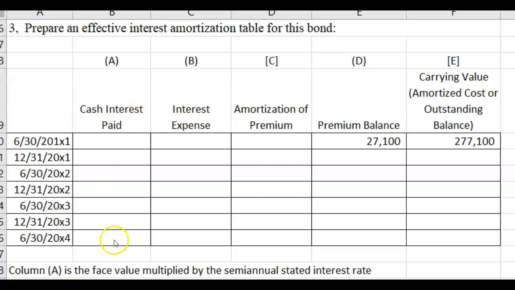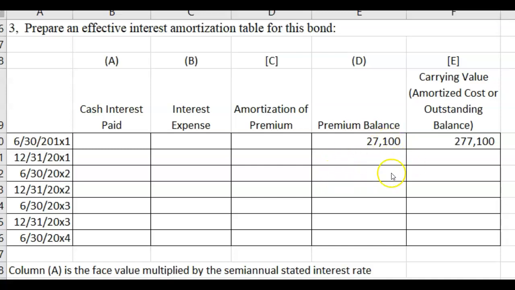Cash interest is calculated the same. Interest expense will be calculated the same. The premium is a liability account. So the carrying value of this bond issued at a premium is the $250,000 par value plus the premium.